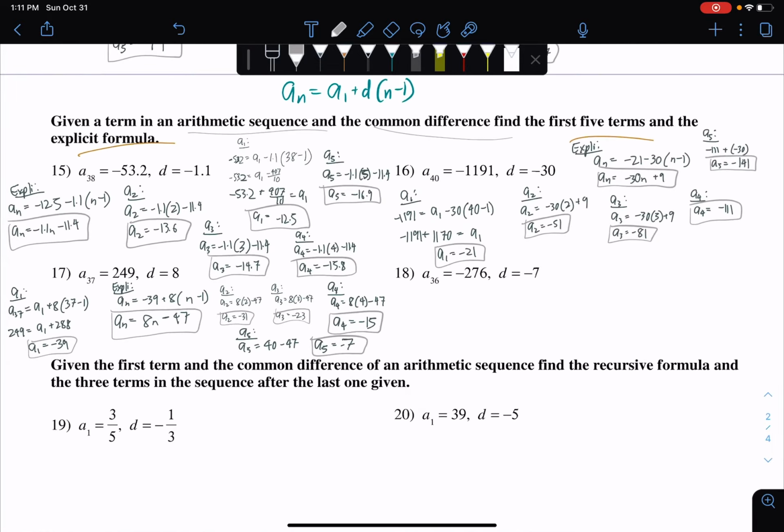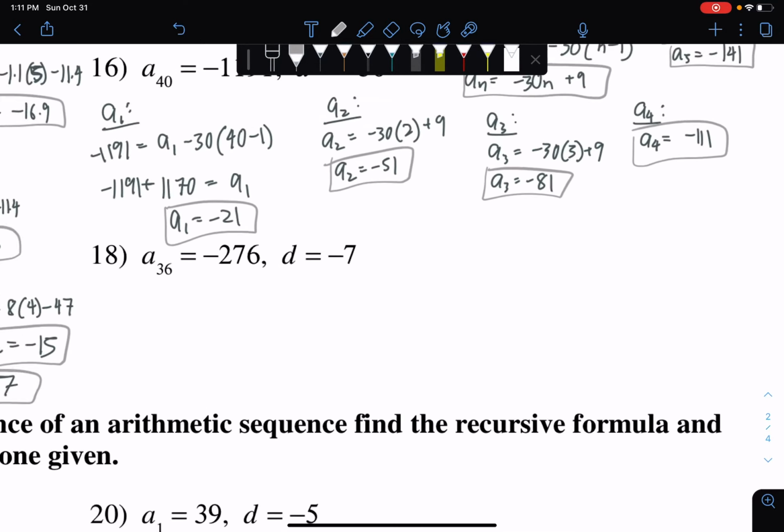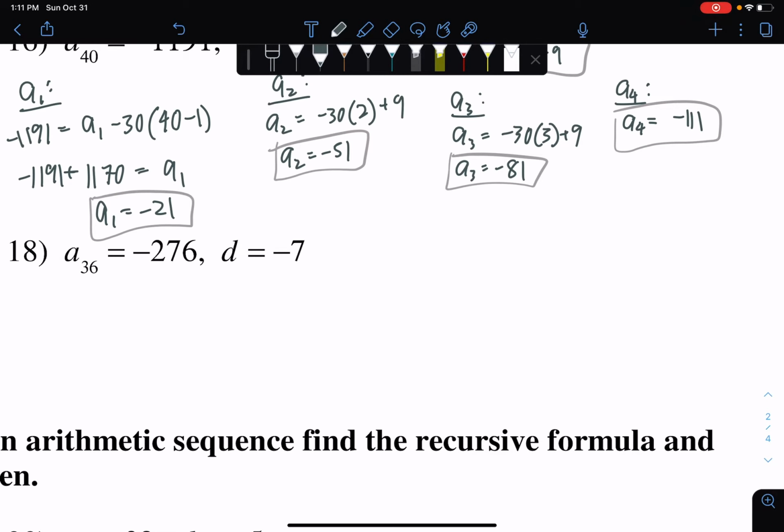Alright, let's move on to number 18. To find a sub 1, a sub 36 is equal to a sub 1 minus 7 times the quantity 36 minus 1.